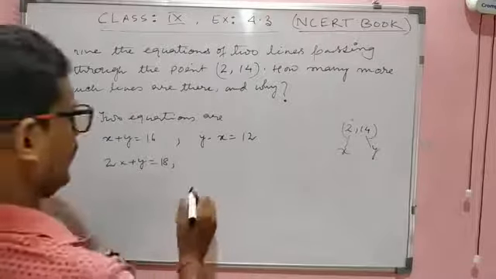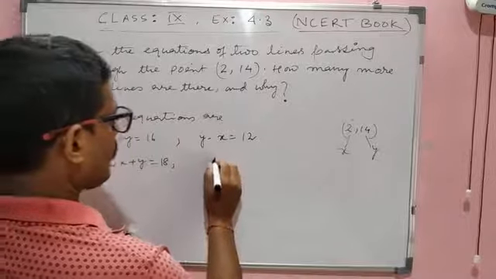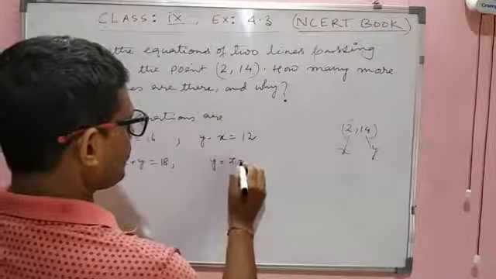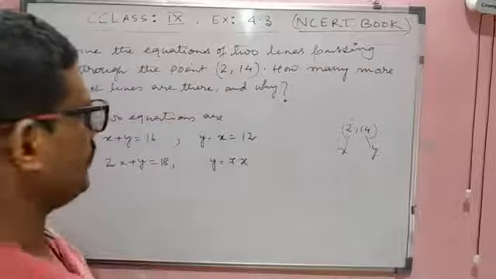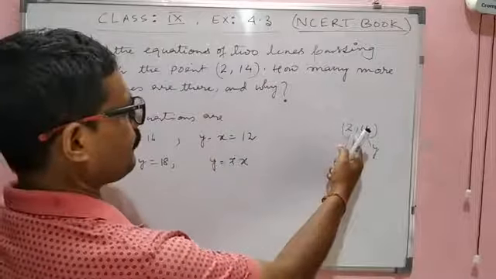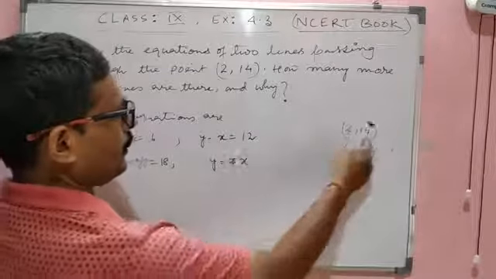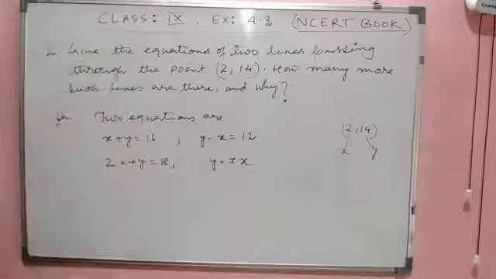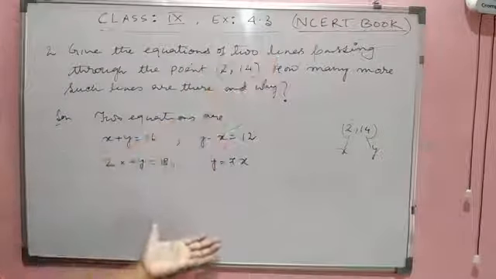Suppose I write y = 7x, because if I put the value of x as 2, 7 times 2 is 14 and the y value is 14. So these are the equations. We were told two equations, I have written 4 equations.